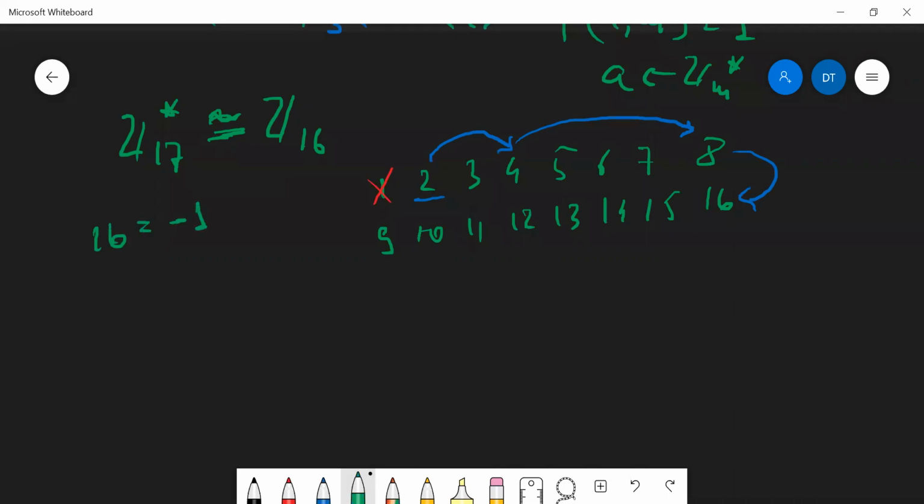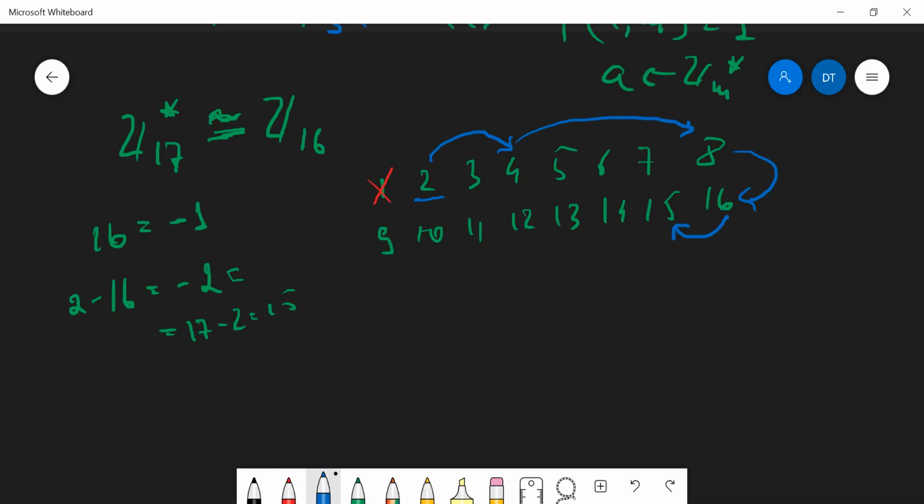Now, if we multiply 16 by 2, it is the same thing as -2. And -2 is the same thing as 17 minus 2, which is 15. So we get 15, which is -2.